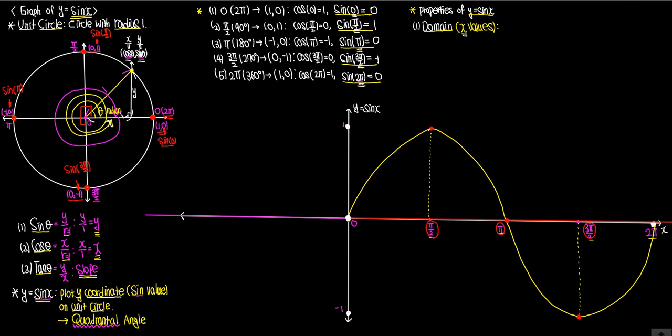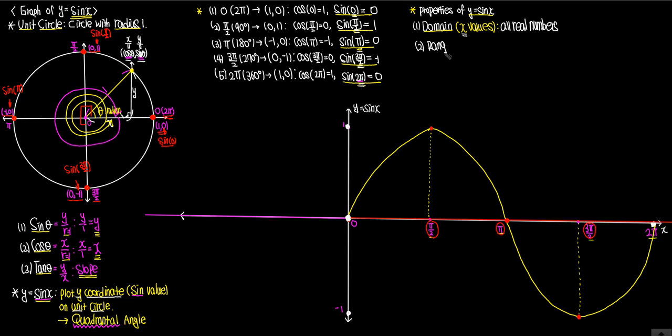Including positive and negative infinity, we notate it as all real numbers. So the domain for the sine graph is all real numbers, which are also the angle rotations on the unit circle.